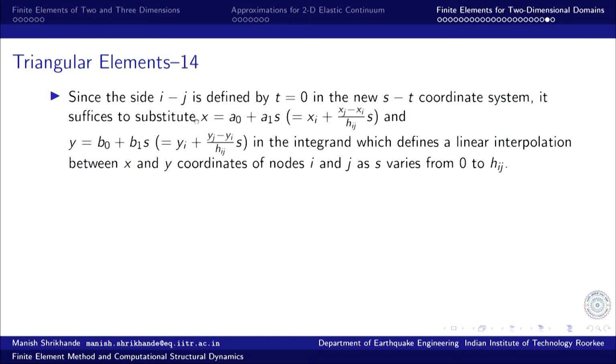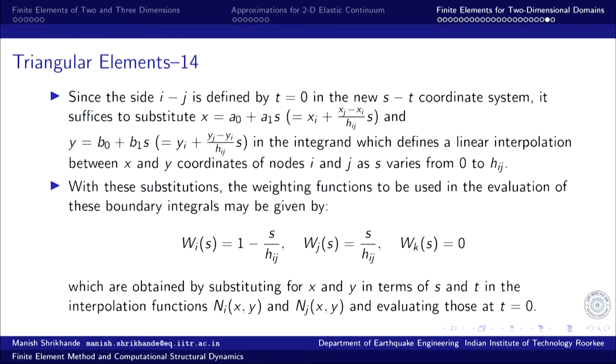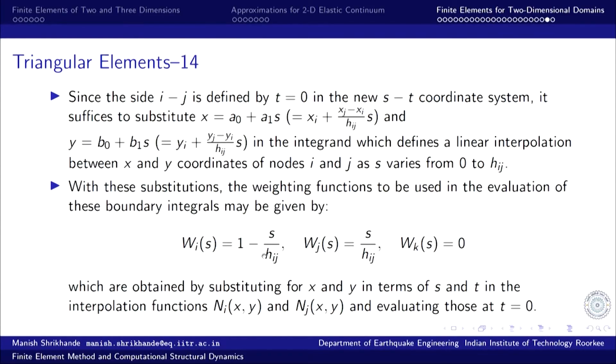And once we have this mapping for x and y in terms of s and t, t is of course to be substituted as 0. So, x and y values can be substituted in the expressions for w, or the weighting function or the interpolation functions as a function of x and y, and we can obtain these expressions which can be evaluated along the edge I j as s ranges from 0 to h I j.